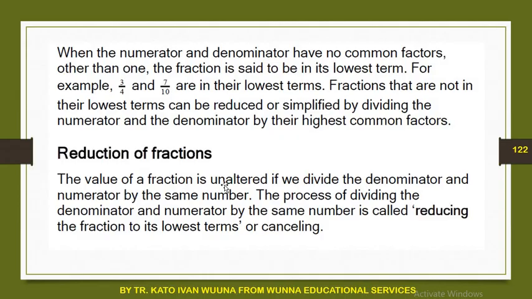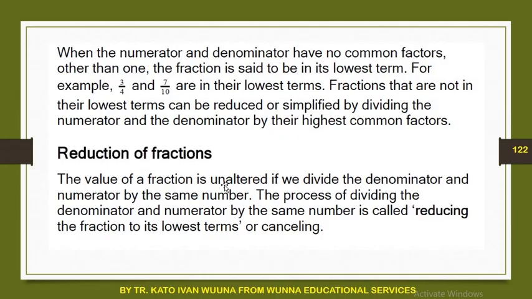So now, how do we handle cases where they don't have a common factor? 6 and 8 had a common factor, which was 2. But now we are going to look at a case where the numerator and denominator have no common factor.